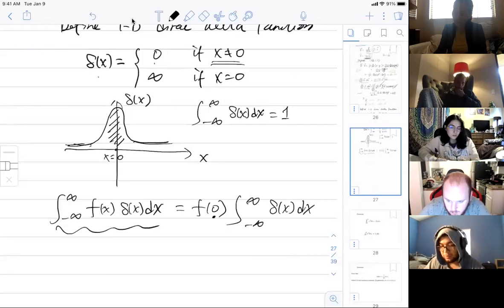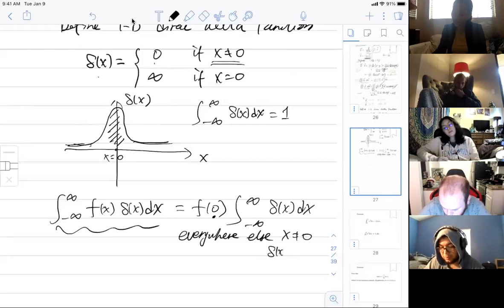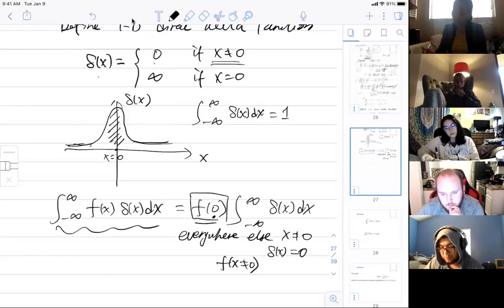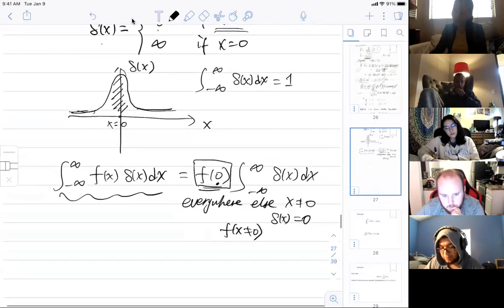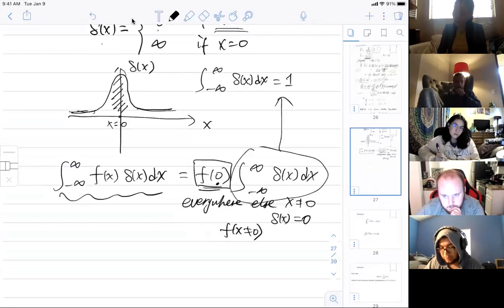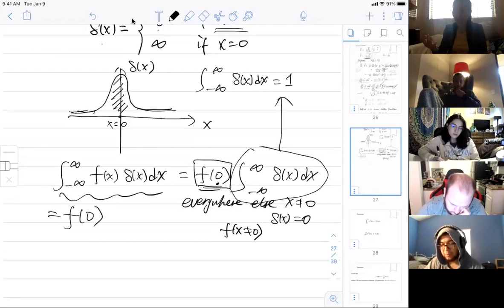Why only here? Because everywhere else, when x is not 0, delta(x) is 0, so you don't need to multiply that by f(x). It's picking out this particular point, and this integral is 1, as we defined earlier. So this integration looks very complicated, but it's simply just going to be f(0), provided 0 is within your integration limits.